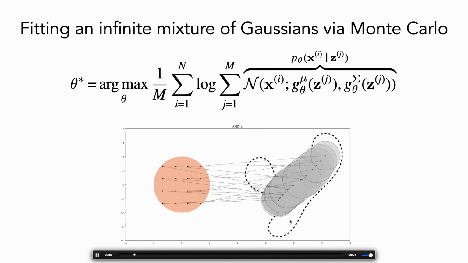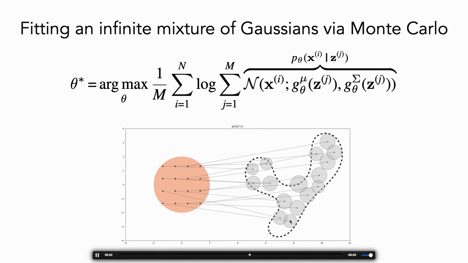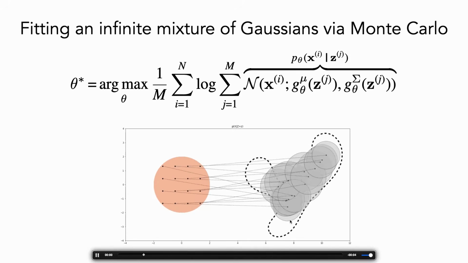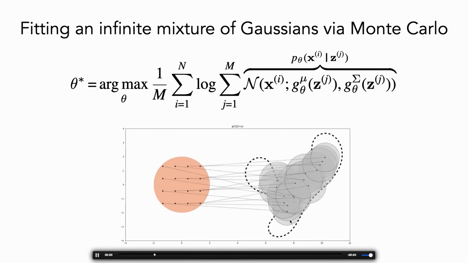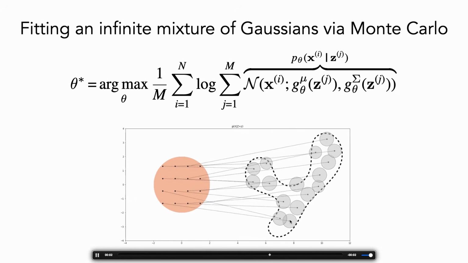Let's say my z vectors are 100-dimensional. Do you think 100 samples m are going to be a good approximation to the integral over this 100-dimensional space? Thumbs up if you think it will be okay, thumbs down if you think it won't. Okay, thumbs down. So why? Roughly how many samples would you need for a good approximation to an integral over a d-dimensional space?